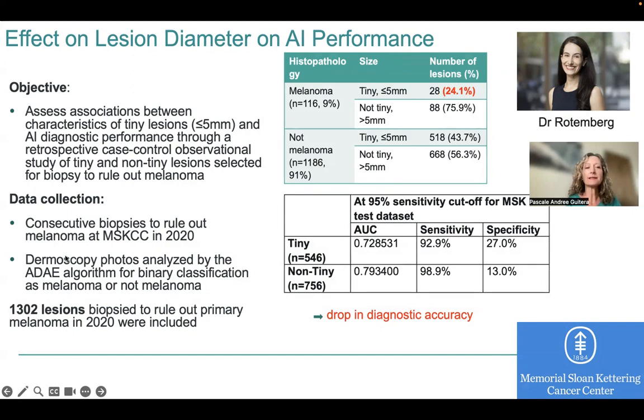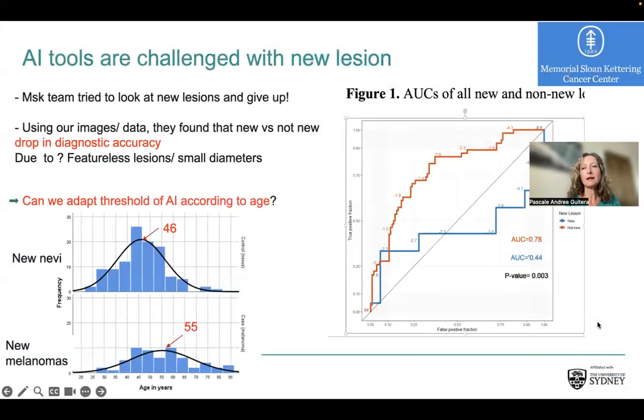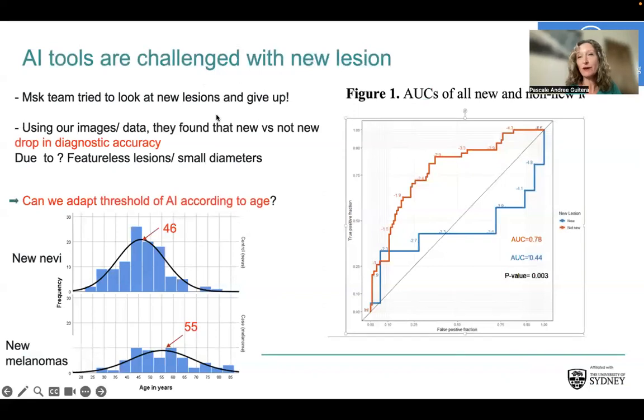And she also found that the algorithm they're using at MSK, that is called ADE, that won the last ISIC challenge, so it is a very good algorithm, was degrading when used on tiny melanoma compared to non-tiny lesions. And then they had a look at new lesions, and first, they didn't find new lesions, because when Emily had a look in the file, what was said to be a new lesion was not new on the total body photo.